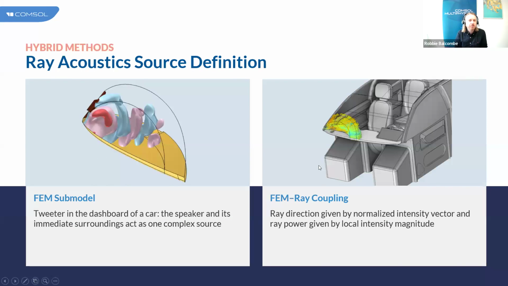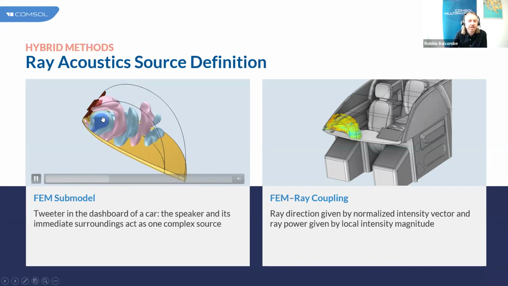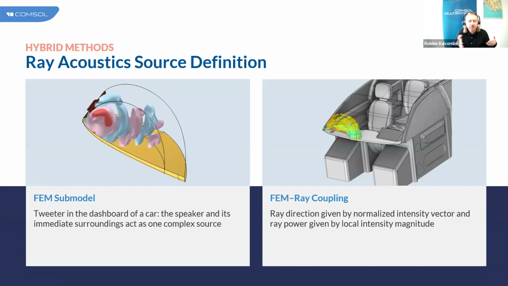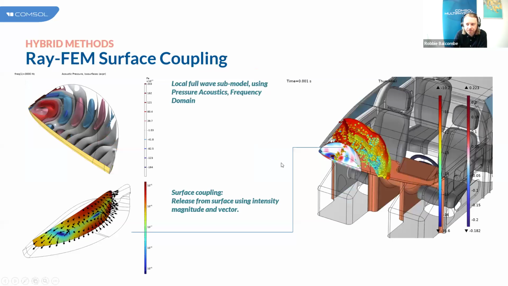So we have features available that will easily allow you to set up this coupling. So we have our FEM submodel, which will provide us with the acoustic intensity and the directivity, i.e. the direction in which the sound is propagating and with what intensity. And that's then ported over to our ray tracing model and is used to define our acoustic source. So we can get a simulation that looks something like this.